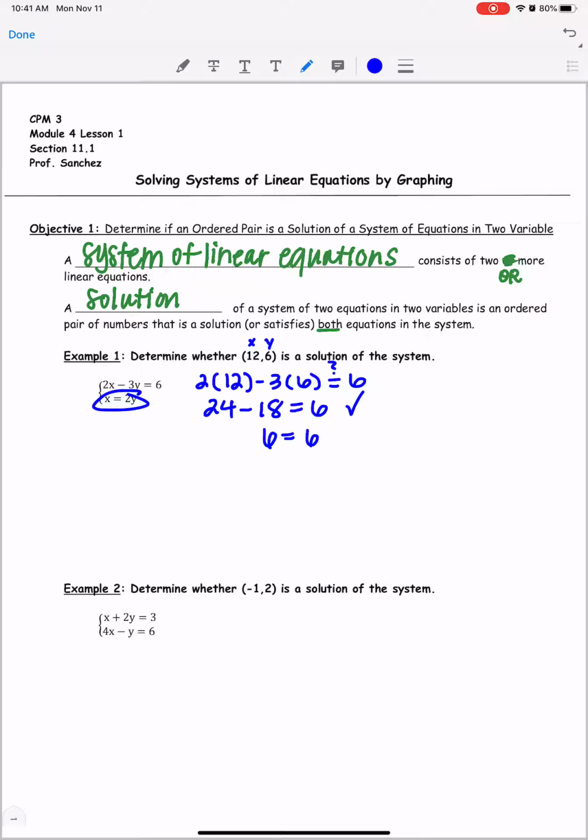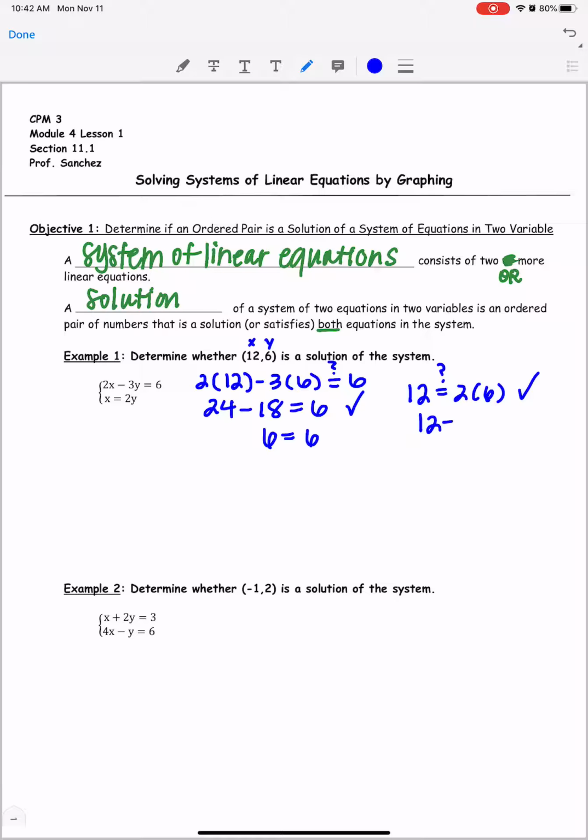So now I'm going to take this bottom one and plug this in as well. So I've got X equals, and X is my 12. And I want to know, does that equal my 2Y, and my Y is 6? So 2 times 6. And again, if you can see that 2 times 6 is 12, we can stop right there.